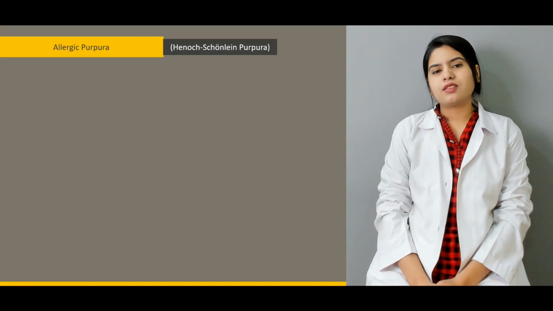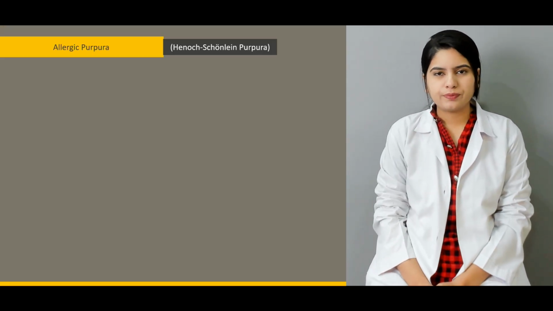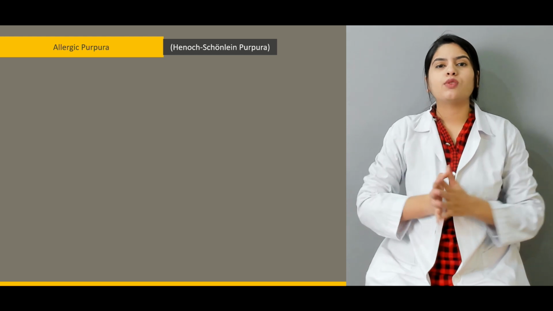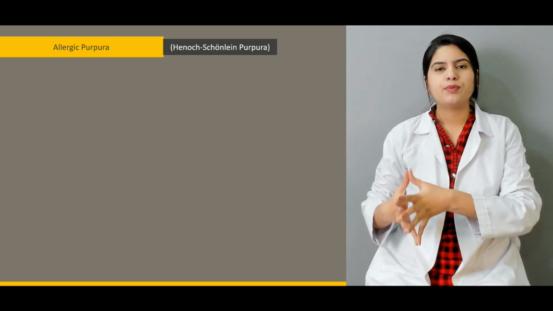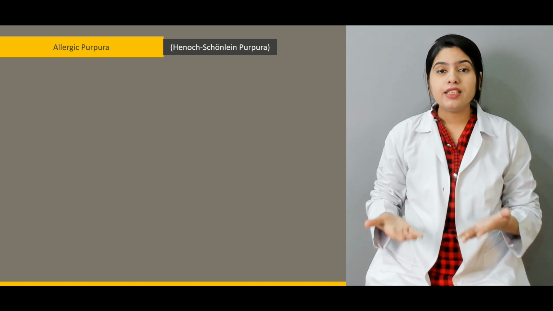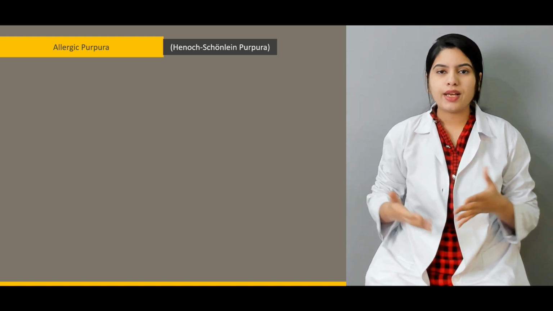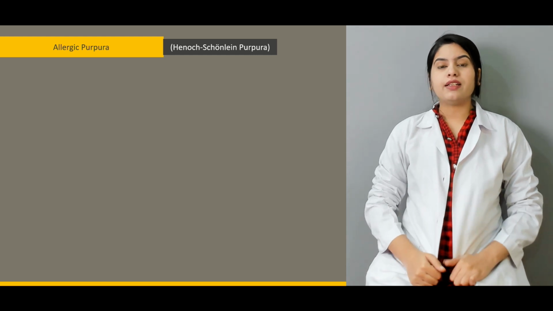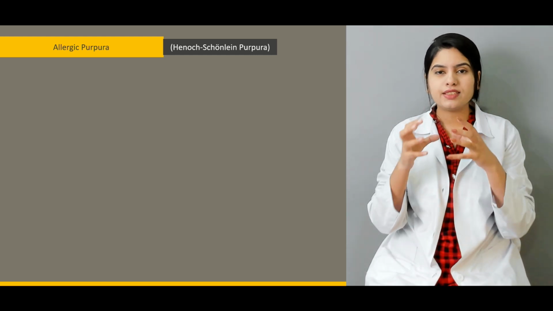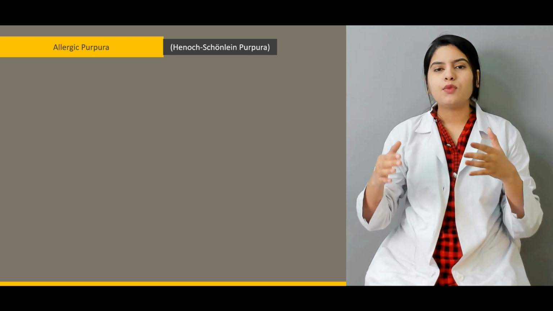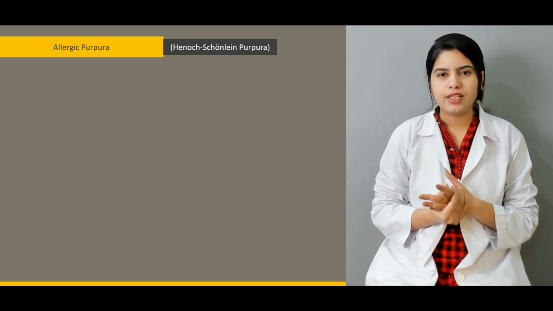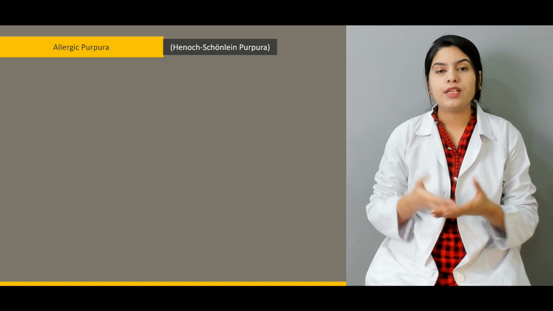Now let's discuss allergic purpura. Allergic purpura is also known as Henoch-Schönlein purpura. Another name of this disease is IgA vasculitis. Now, why IgA vasculitis? Because here the small vessels are involved. Basically, what is allergic purpura? It is a disorder of the small blood vessels.